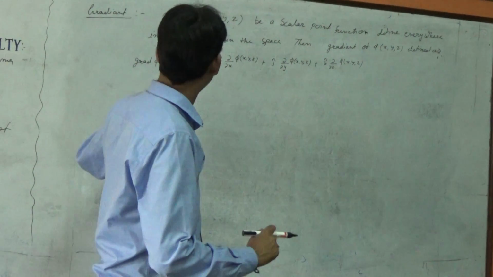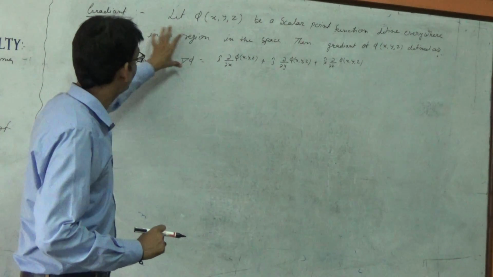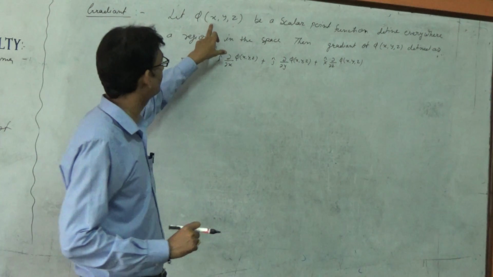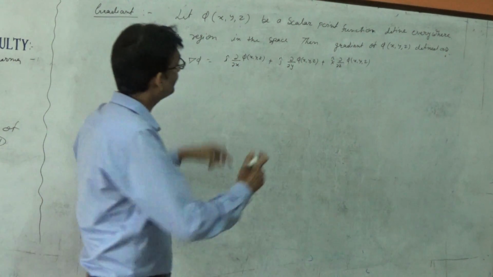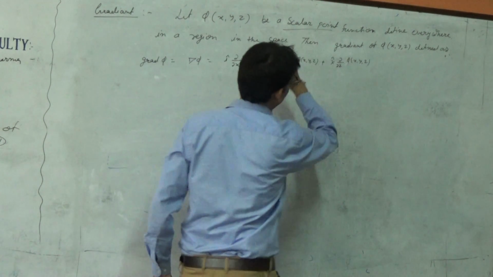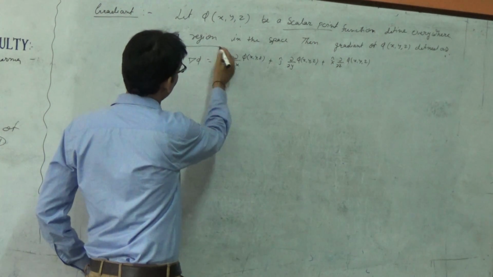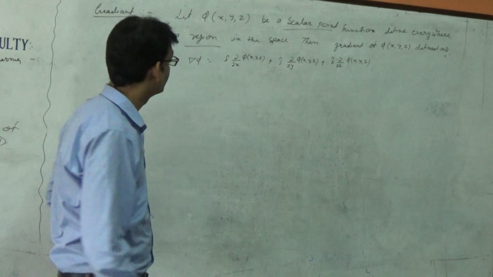So, what is the definition of gradient? Let phi be a scalar function of x, y, z, a scalar point function everywhere in a given region.